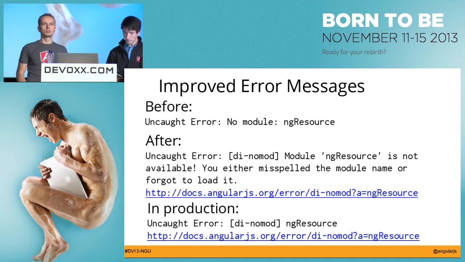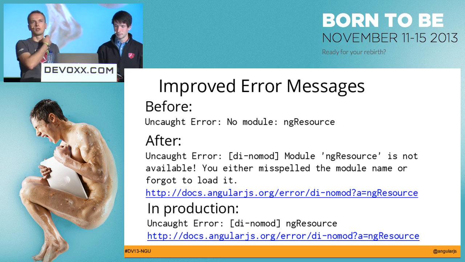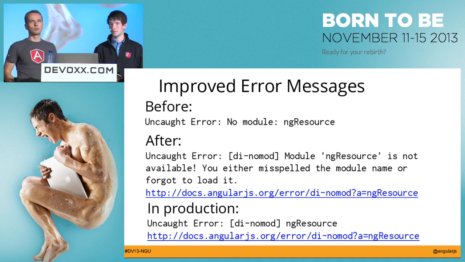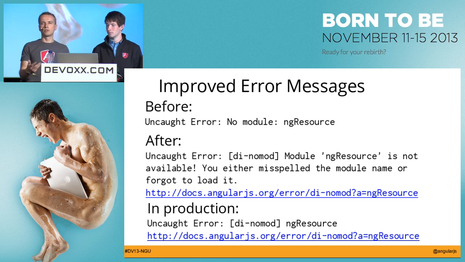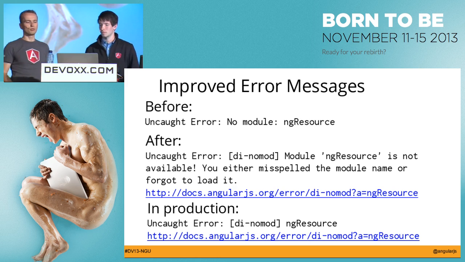So what we did is we went through the entire Angular code base and we identified all the places where we generate error messages, and we assigned unique identifiers to every single place in the code base. In addition to that, we also provided a very descriptive error message that tells you more about what is happening and what you should do about it. But that is often not sufficient because in the console there is only so much space that we can use to print something.